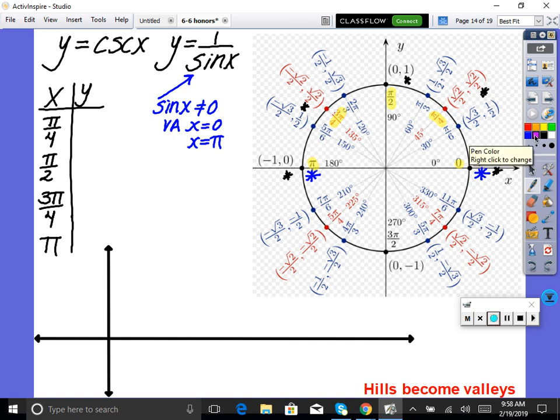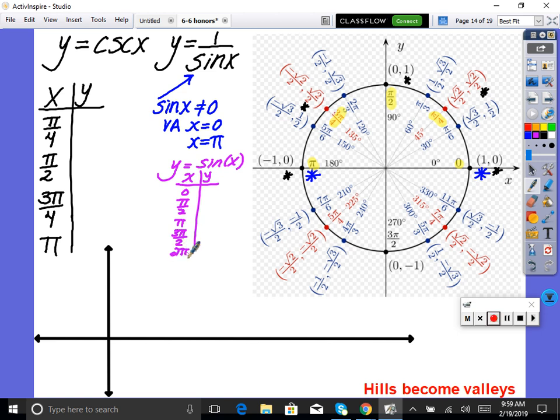What we're going to do is just graph like a sine. This isn't a sine. It's the reciprocal of sine. But if we have our sine graph, we can use that to graph cosecant. So let's just look at graphing sine. Y equals sine of x, first of all. If I was to graph y equals sine of x, you would make an xy chart: 0, pi halves, pi, 3 pi halves, 2 pi.